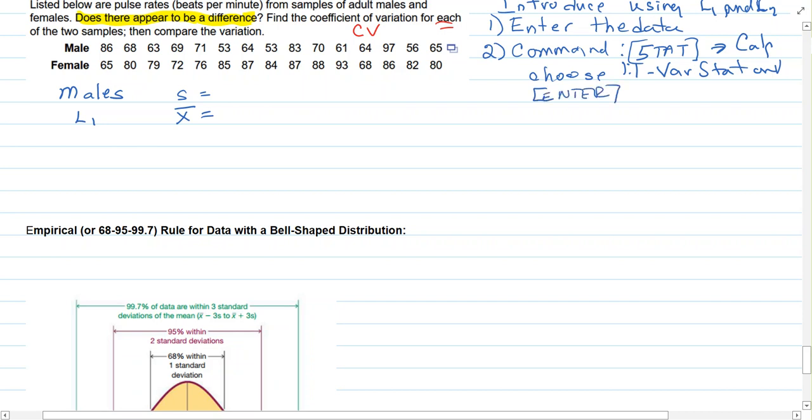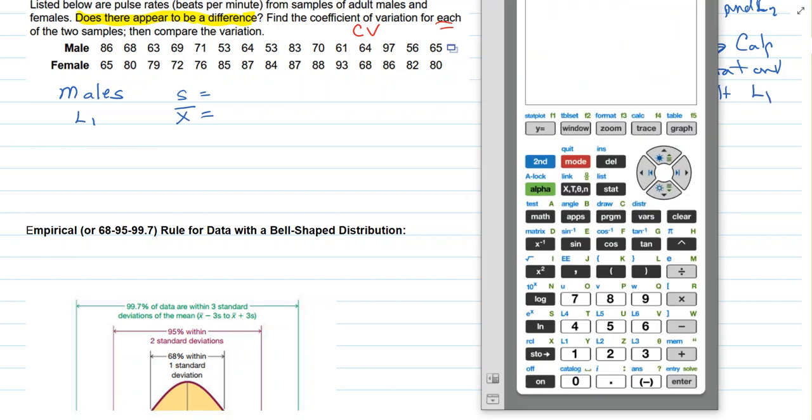Enter 3 times. And because we're going to use the default of line 1, here we go. Stat, we're going to go to calc, one variable. It's line 1. So 1, enter, enter, enter.